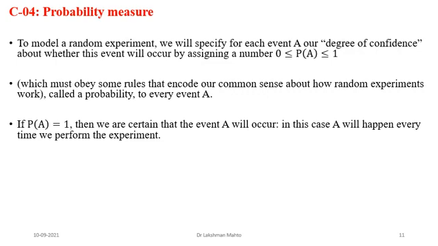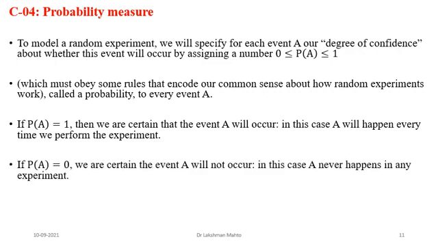If you don't have any outcome, then what will be the probability? It would be 0. That situation comes when you have a null set kind of event, and then definitely it will have probability 0.